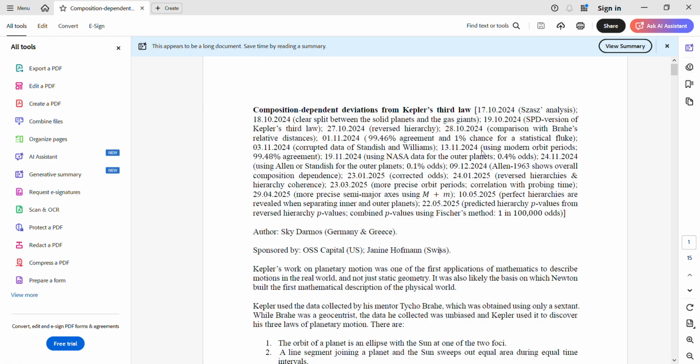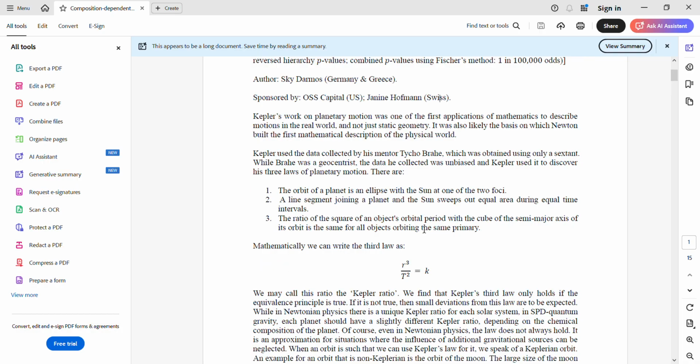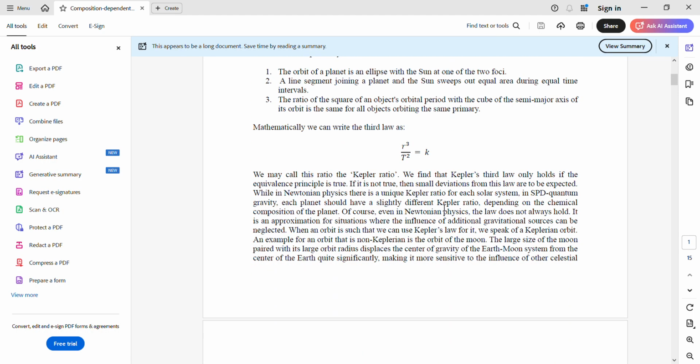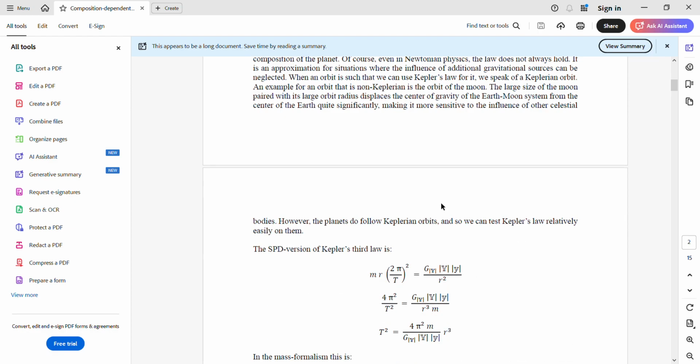So in that interview, pretty much at the end, I talked about Kepler's third law and how the distances in the solar system are really different from the mainstream because the equivalence principle is wrong.